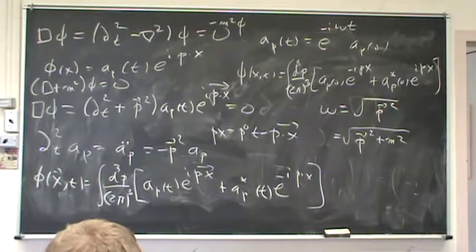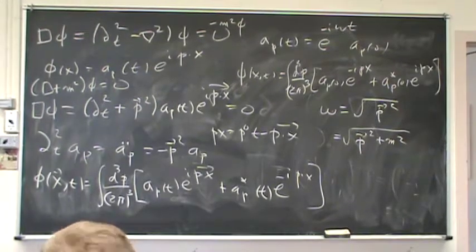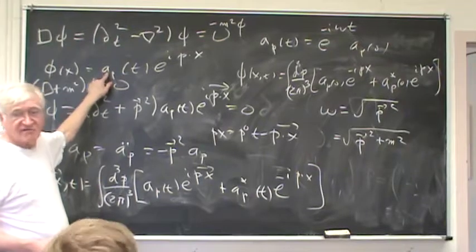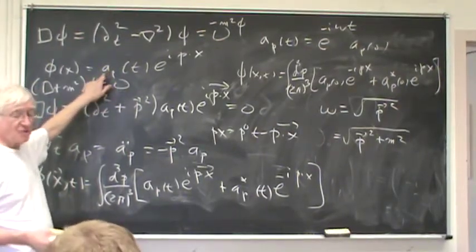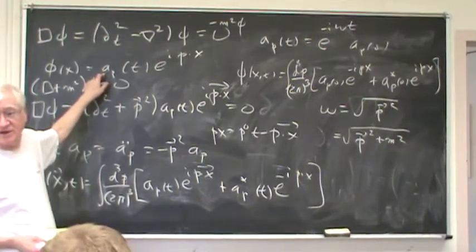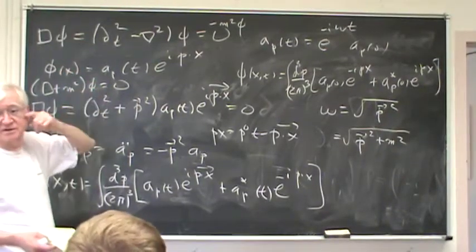I have a question. Is this phi an operator or something? Good question. Phi at this stage, if A is a number, phi is then just a field, a classical field. If in a moment we're going to be saying that A is an annihilation operator, then phi is a quantum field.